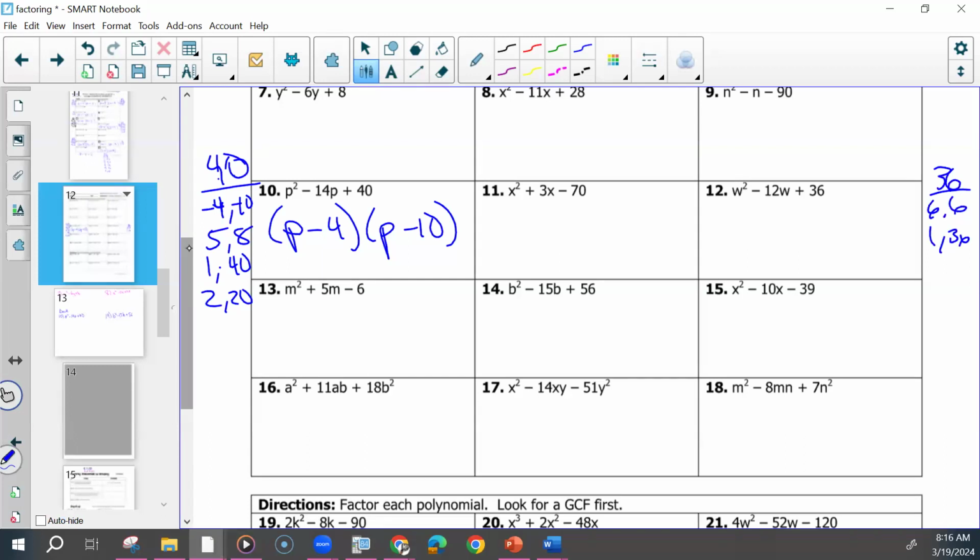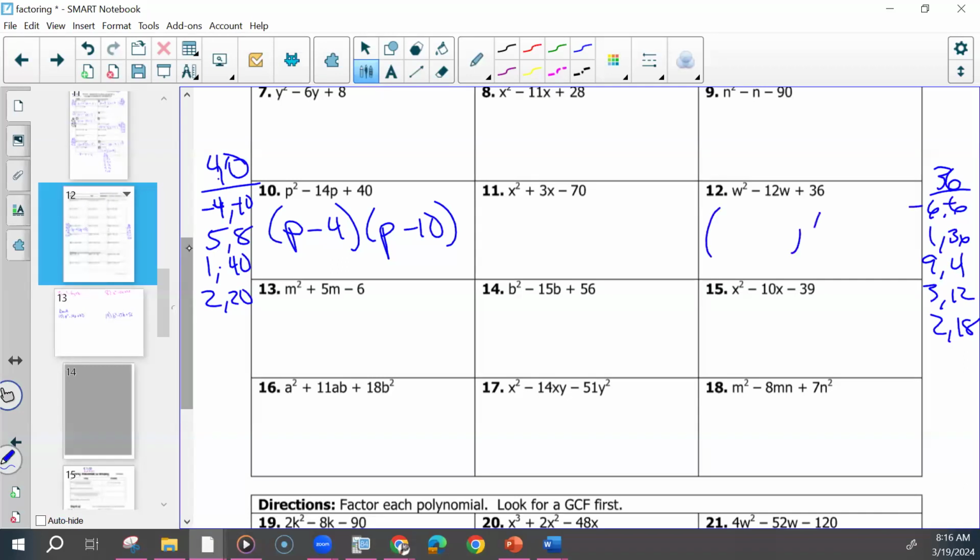What else? 9, 4, 12, 18. So of those, which ones could we multiply to get 36 but add to get -12? 6 and 6, if they're both negative.